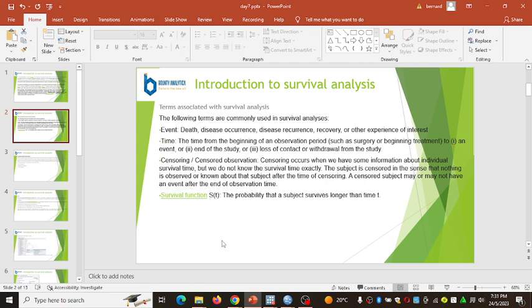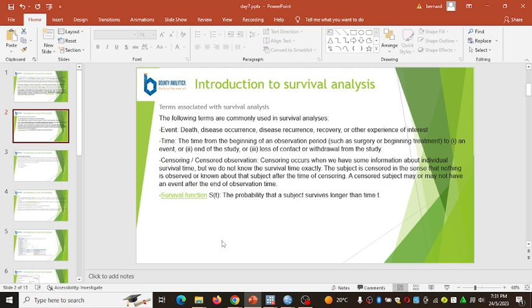We have time, which is the time from the beginning of an observation period, such as surgery or beginning treatment, to an event, or end of the study, or loss of contact, or withdrawal from the study.